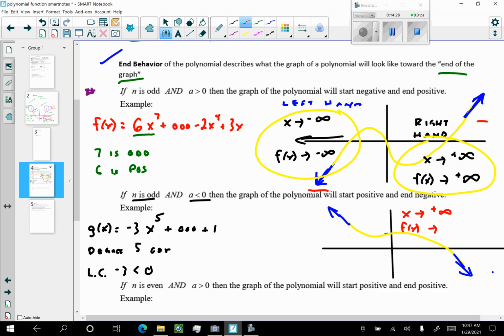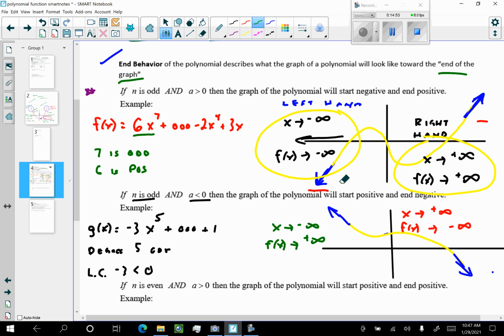The function values are going to negative infinity. This is your right-hand behavior. And I can make this statement over here. As x goes to negative infinity, where do the function values go? Bam, positive infinity.